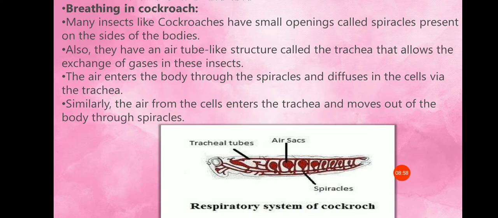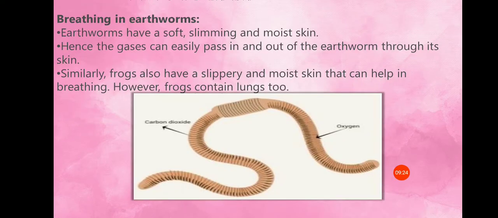The air enters the body through the spiracles and diffuses into the cells via the trachea. Similarly, the air from the cells enters the trachea and moves out of the body through spiracles. The oxygen rich air enters the body through spiracles, through the tracheal tubes and diffuses into body tissues, reaching each cell.